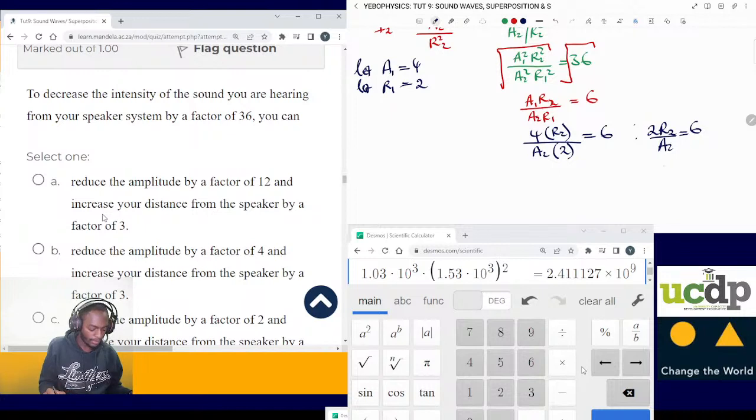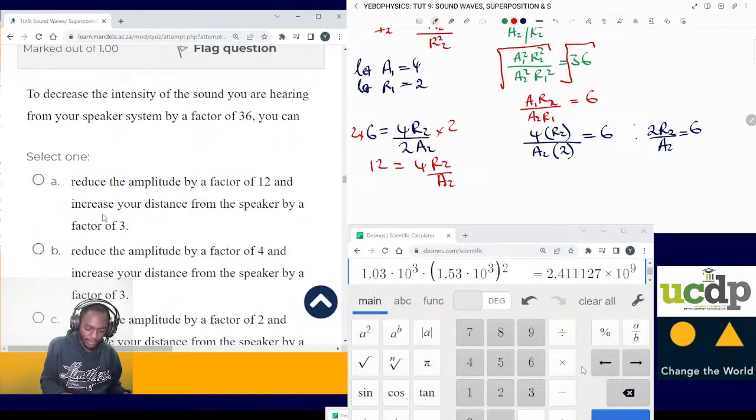So we have 6 equals 4R2 over 2A2. If you multiply by 2 on both sides, this becomes 12 equals 4R2 over A2.